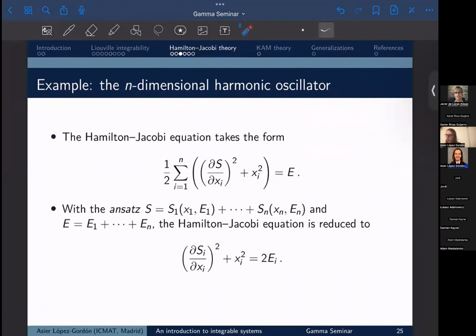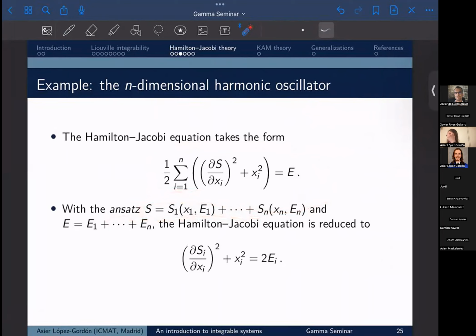This was maybe a little bit confusing, so let me illustrate it with an example. Well, the example I presented before, in fact. So in the case of the harmonic oscillator, the Hamilton-Jacobi equation has this expression, but we make the ansatz that the generating function is separable.